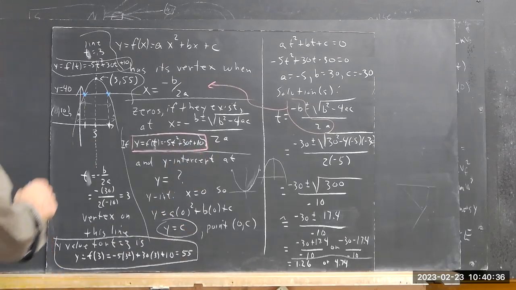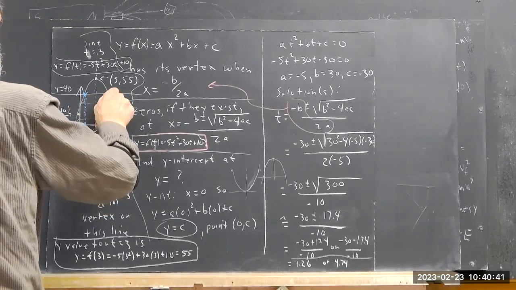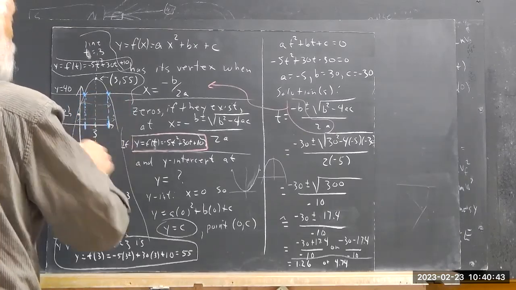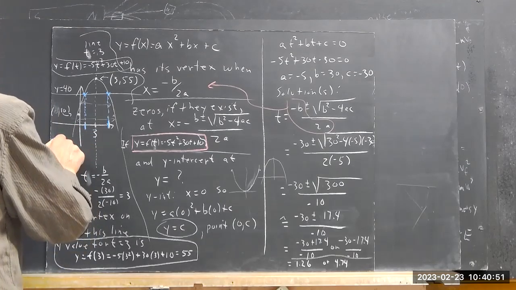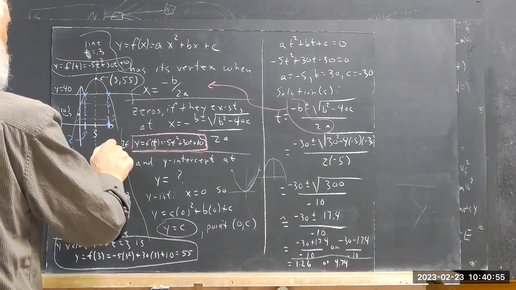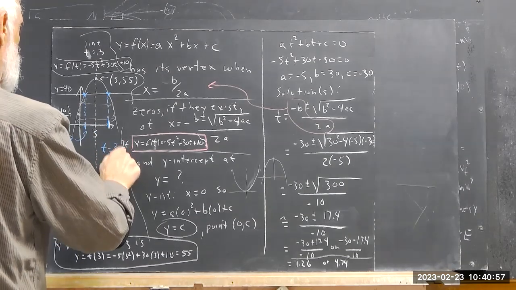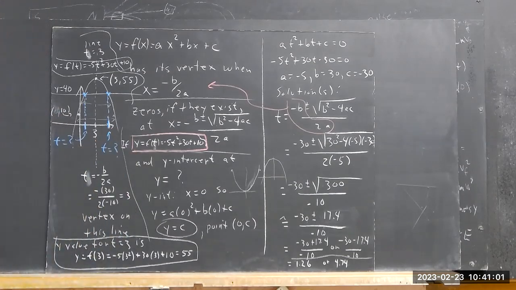We want to project down to the x-axis, or the t-axis in this case, and then estimate what's t at this point and what's t at this point. What are your estimates?